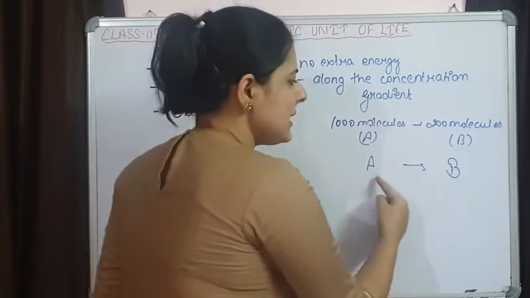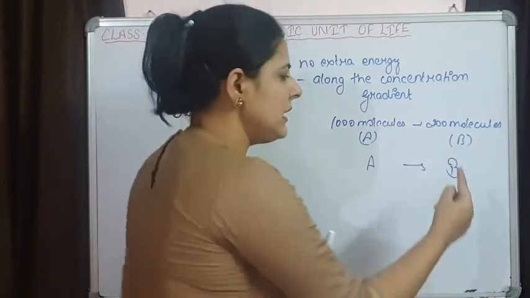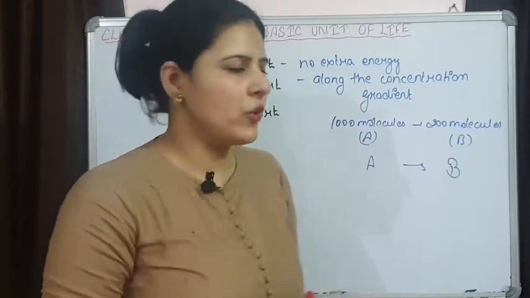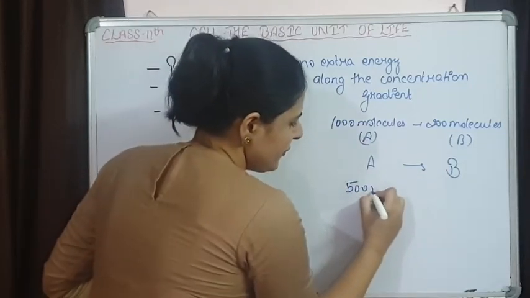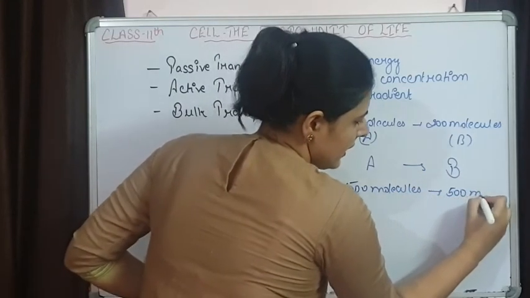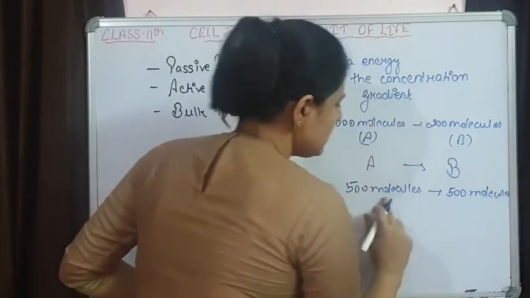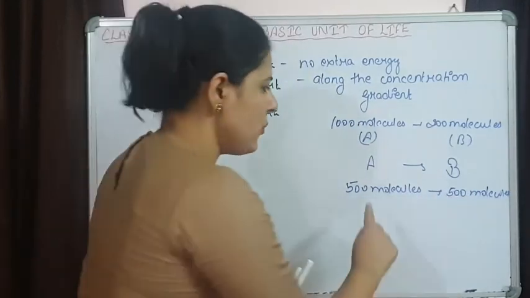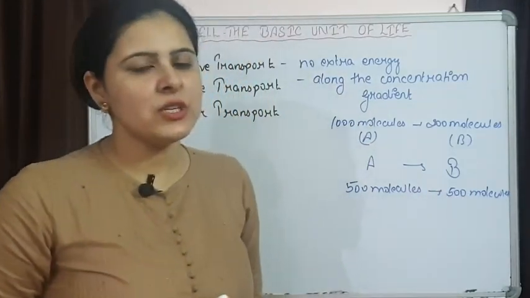As many molecules are being transported from A to B, the same number are moving from B to A. So 500 molecules are here, 500 over here. Equalization of concentration is there. Both the sides A and B concentration is equal.